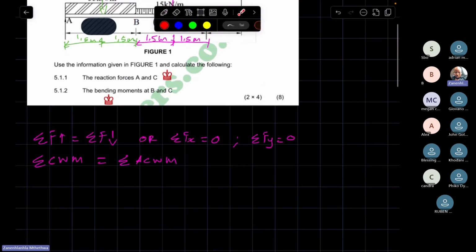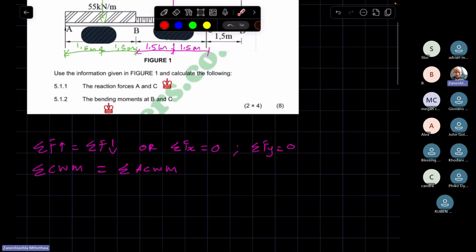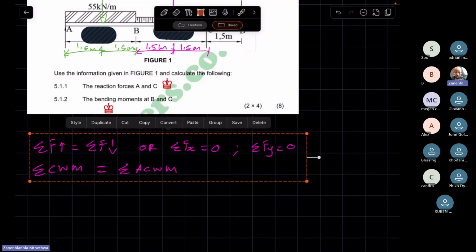So instead of writing a whole story when you've been asked what the conditions of equilibrium are, you can just express that mathematically. Are we clear?